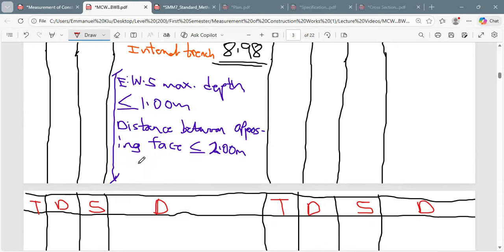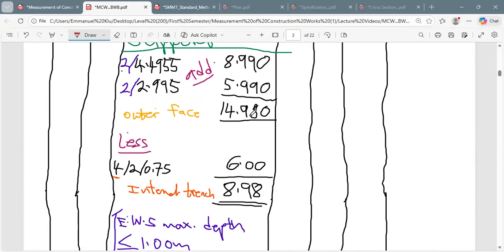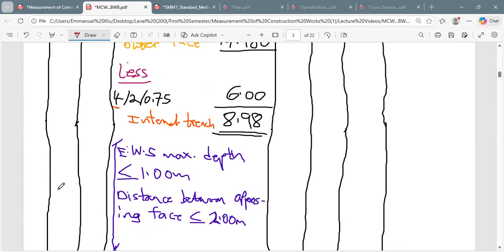So in squaring of the dimension, let's quickly do that together. This is 14.98 times 0.90.